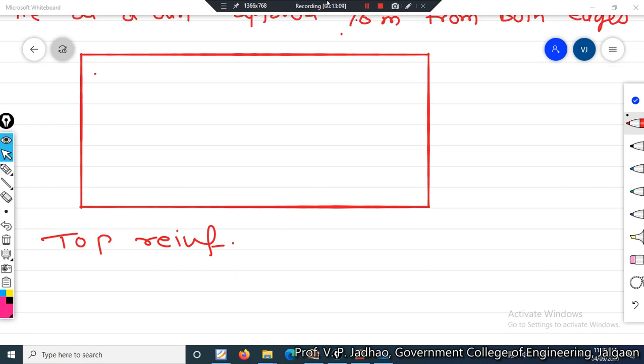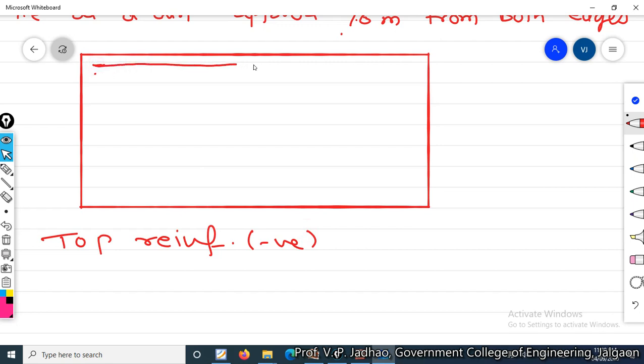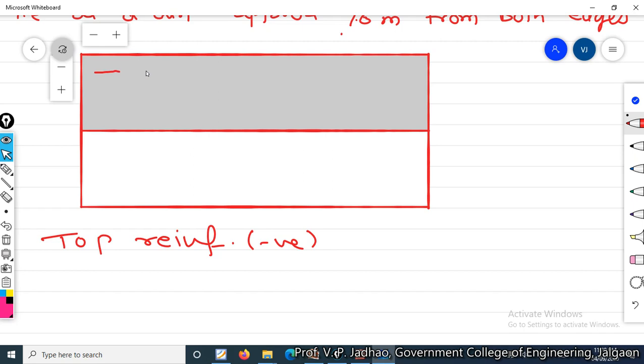Okay, so this is our top reinforcement. How will we be providing it? This is top reinforcement, that is negative reinforcement. We will be providing some number of straight bars, then again some more.